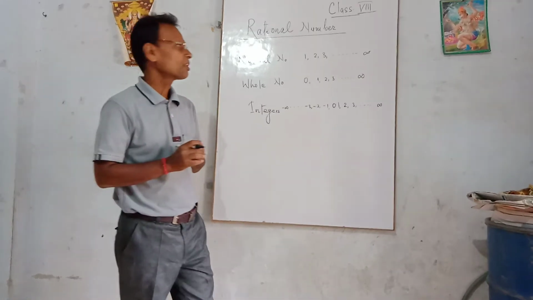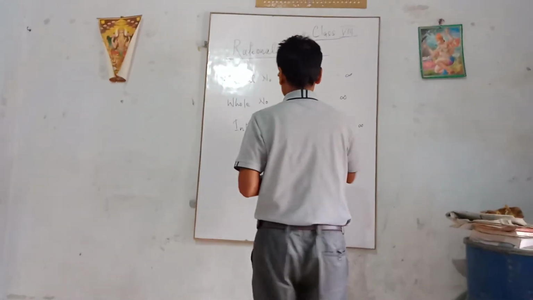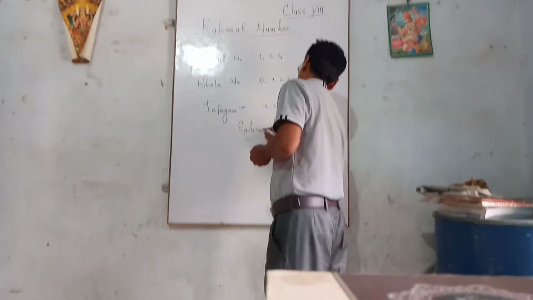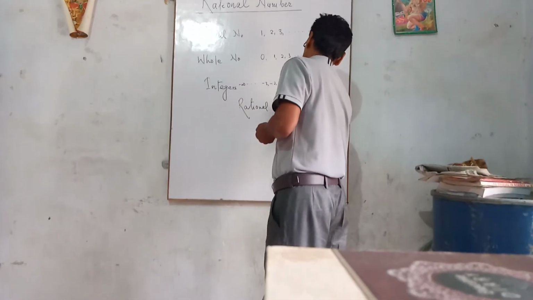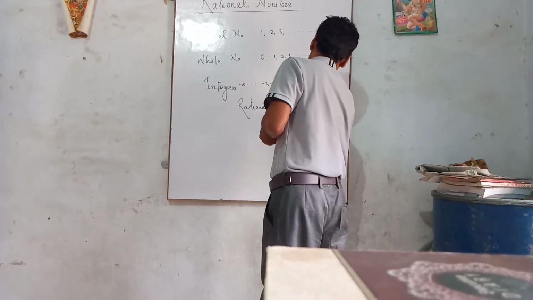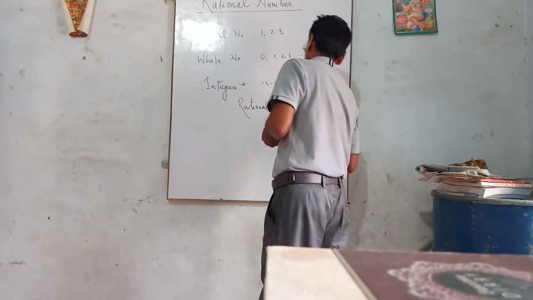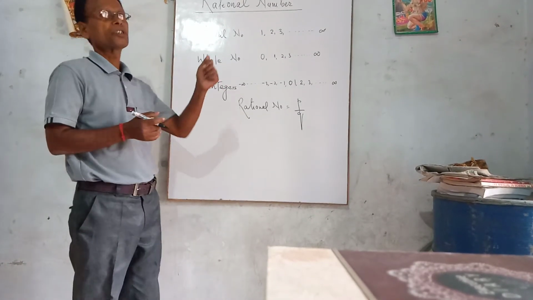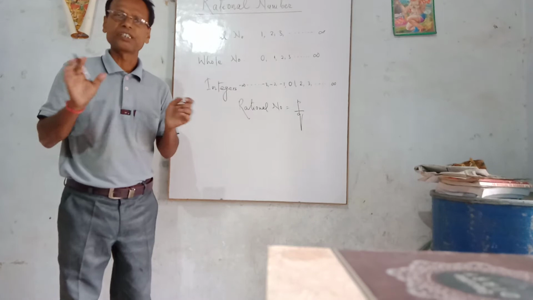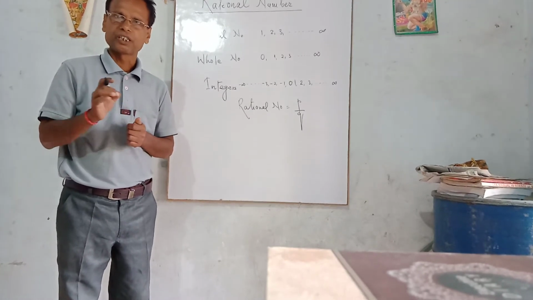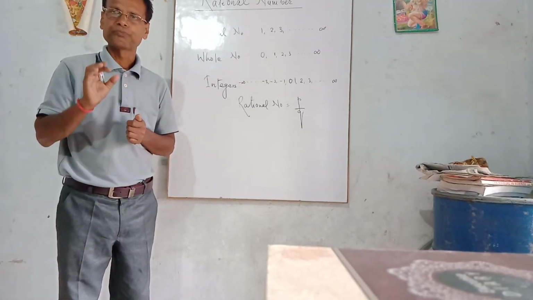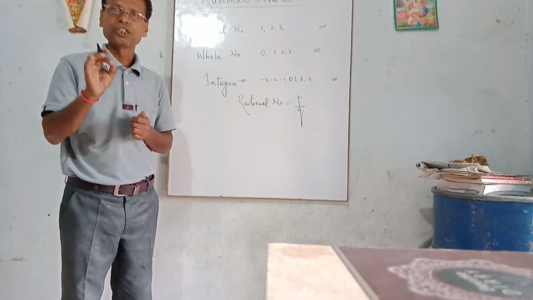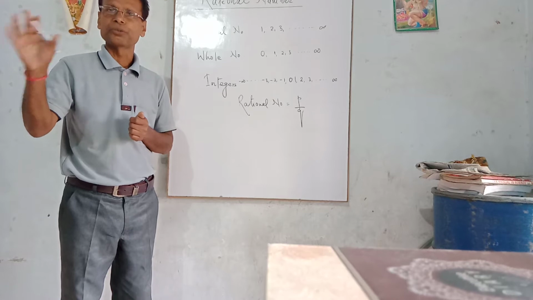A rational number is a number which can be written in the form of p by q, where p is an integer and q is also an integer. Both are integers, but there is a condition for q, that is, a condition for the denominator. q can never be equal to 0.